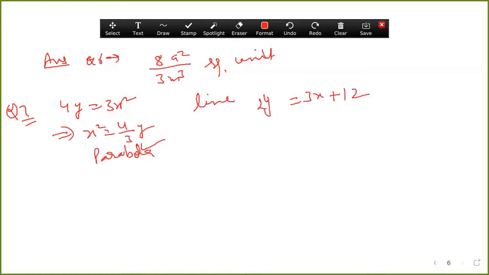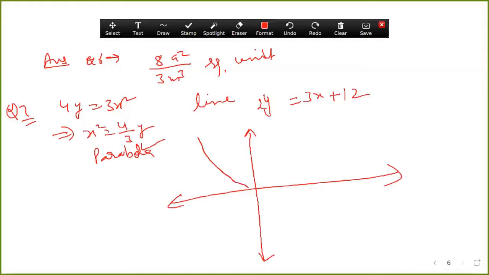Now we have to plot the graph of parabola and line. Parabola and line, symmetrical about y-axis. Y-axis means this one. Upward parabola is there. This is a parabola, x square is equal to 4 by 3 y.